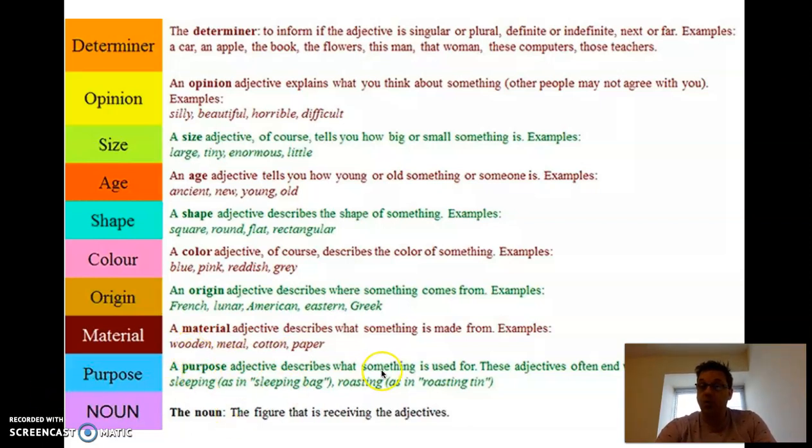Purpose describes what something is used for, right? Often ending with ing. So sleeping, such as a sleeping bag. Roasting, as a roasting tin. You might put a roast in to cook for a holiday. Then we have the noun. This is the figure that is receiving the adjectives, that is being modified.